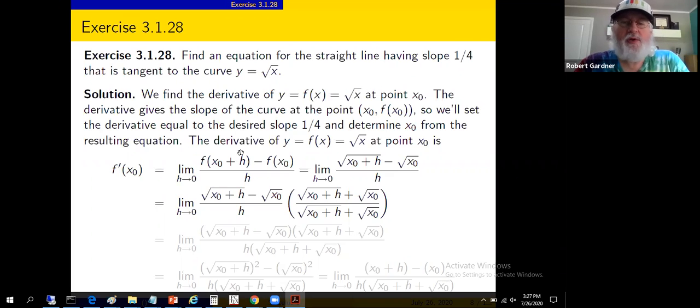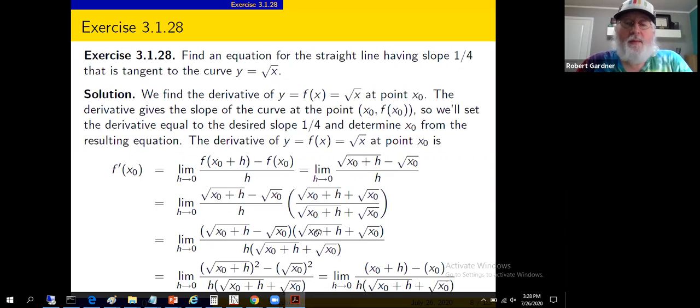Okay, so the derivative, y equals f of x, square root of x at a point, is the limit of the difference quotient. Substitute in the x sub 0 plus h for x, and then substitute in the x sub 0 for x. I don't know what x sub 0 is. That's the point. I'm looking for a value of x sub 0. Multiply by the conjugate when you see these square root things. That's becoming routine at this stage.